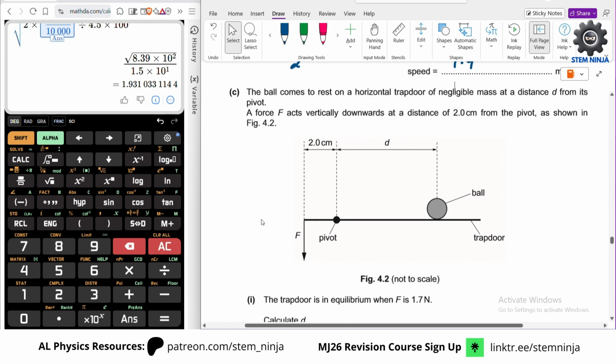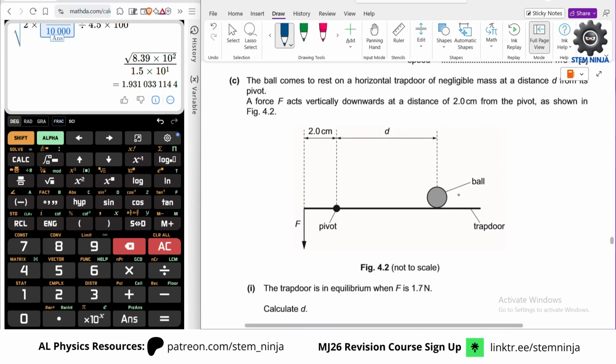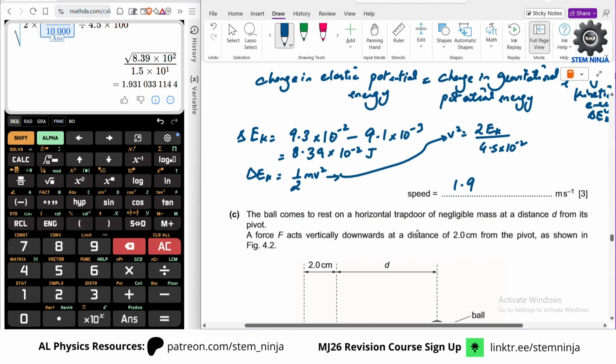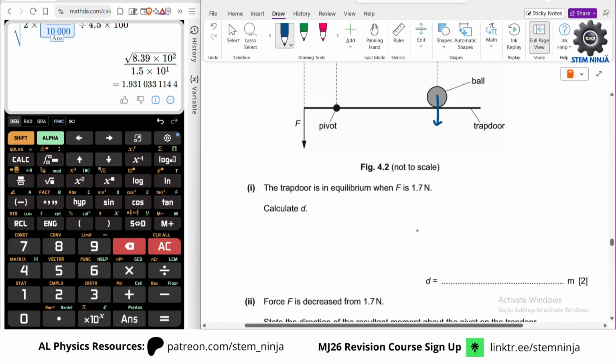So it comes to rest, which means velocity is now 0. The mass was 4.5 times 10 raised to the power minus 2, so the weight is mg. The sum of moments is equal to 0.